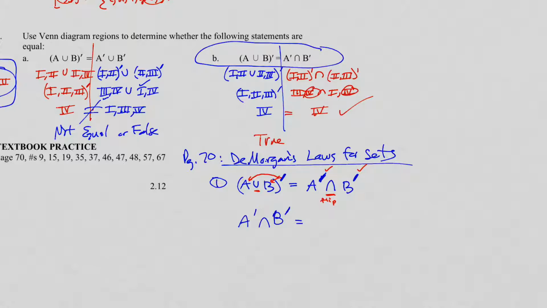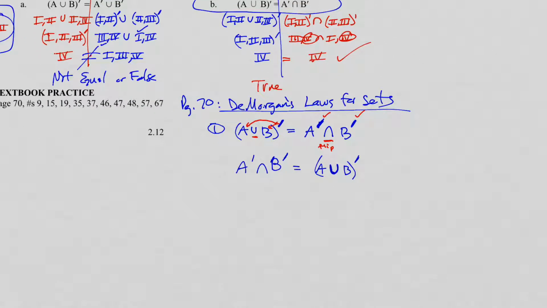Okay, so you can say, okay, let me get this complement out from both, put it out there, so I only have one complement, but I do have to remember to flip the sign, and it's now a union. Okay, so you can definitely go in reverse, and then the second one is just vice versa.